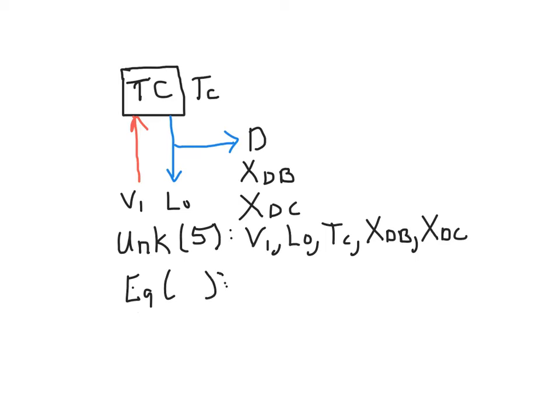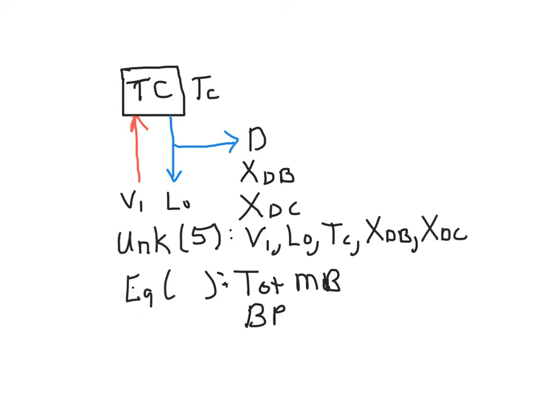We have a total mole balance, and you remember that we don't have component mole balances because they're not independent, because all the streams have the same composition. We have the bubble point equation, which is the equation that relates this composition here to the total condenser's temperature.